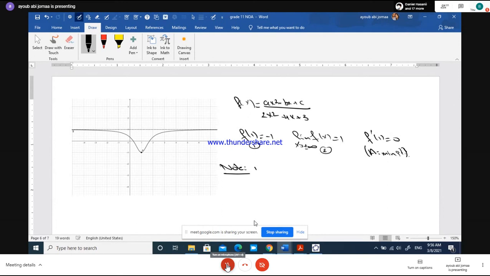Two notes. The first one: we have, let's say, point A with coordinates A, f of A, and a local extremum, meaning maximum or minimum.